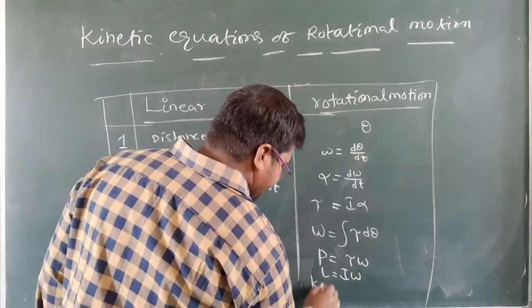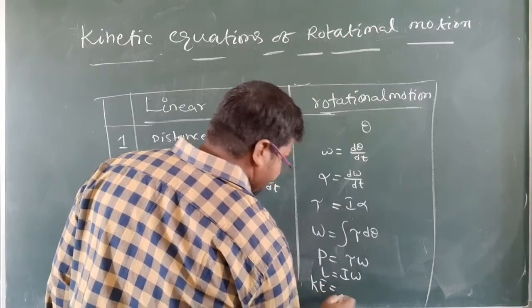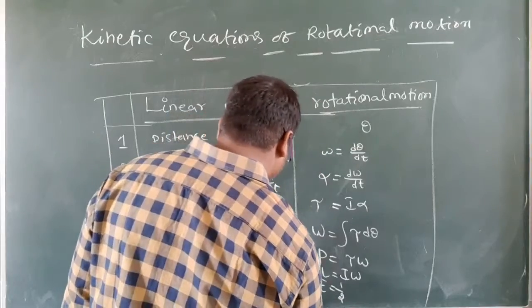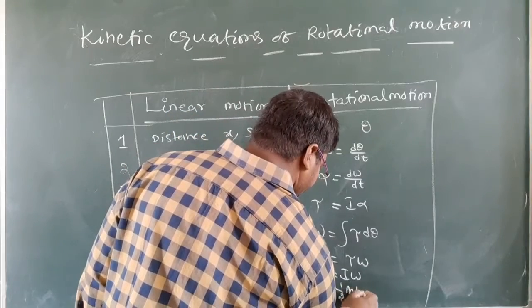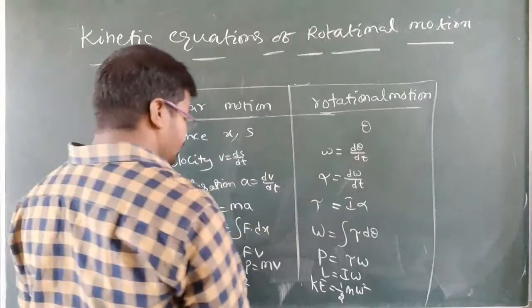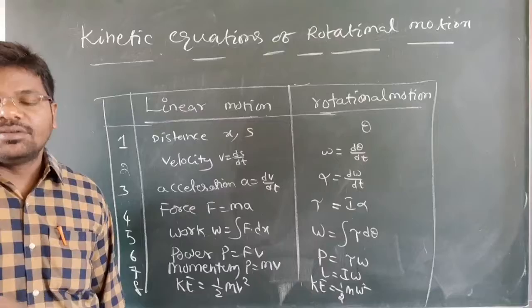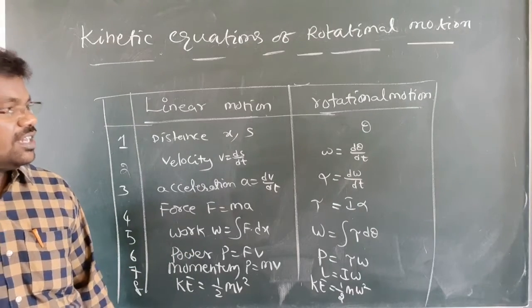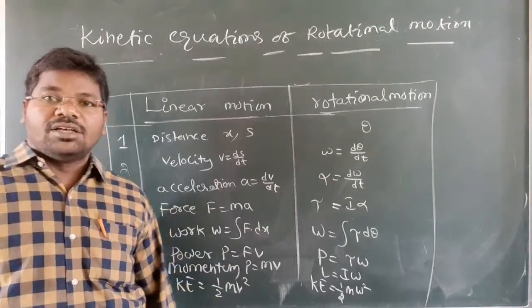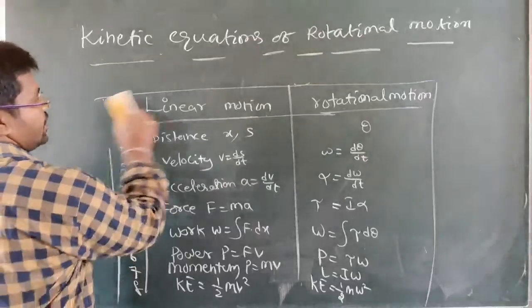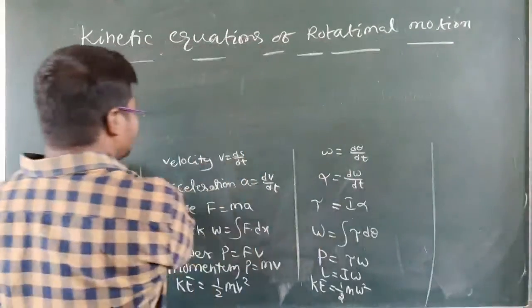Here kinetic energy K is equal to 1 by 2 I omega square, my children. These are some linear and rotational motion variables. Then how can we write the kinetic equations?